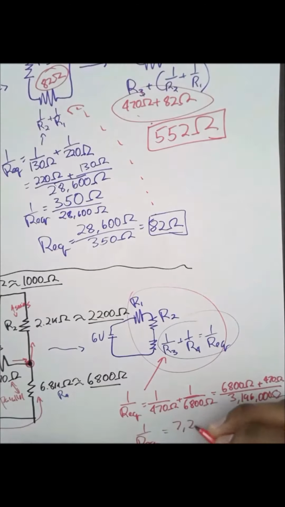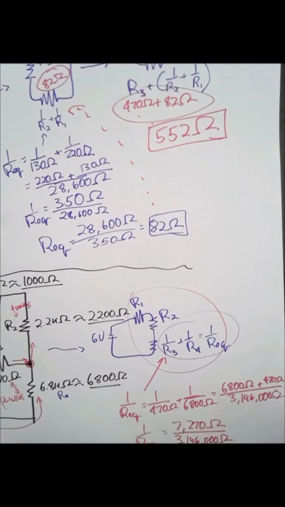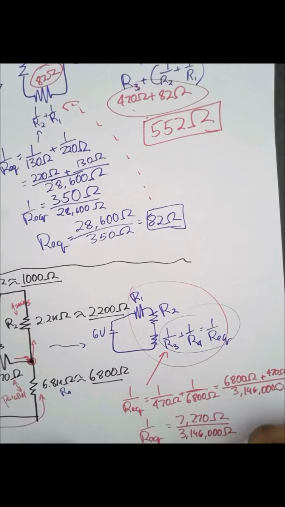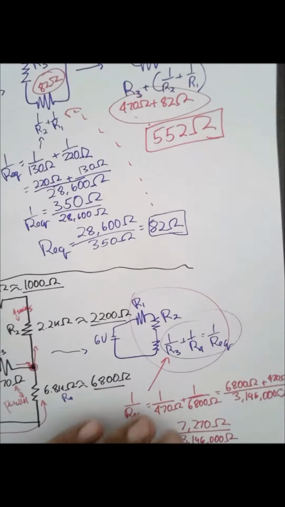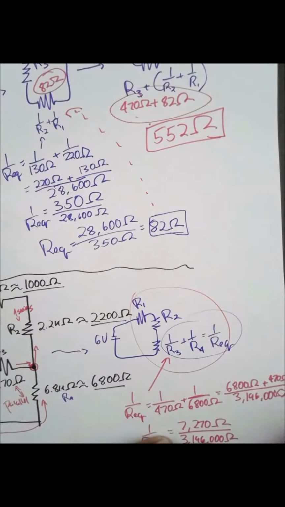So on the top we got 7,270 ohms, and on the bottom we have 3,196,000 ohms, and so Req is just going to be equal to the reciprocal, which is going to be equal to 3,196,000 divided by 7,270. So we have 440 ohms. Cool. So the first equivalent resistance is 440 ohms.